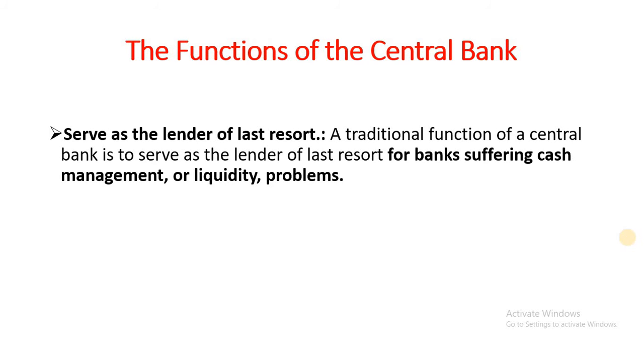However, the central bank usually forces the commercial banks to collect money from other sources. If the commercial bank fails to collect money from any other sources, in that case, the central bank usually helps the bank suffering with cash management or liquidity problems.